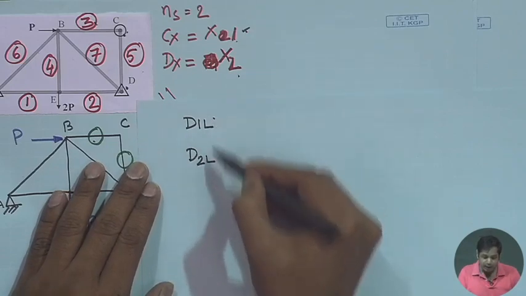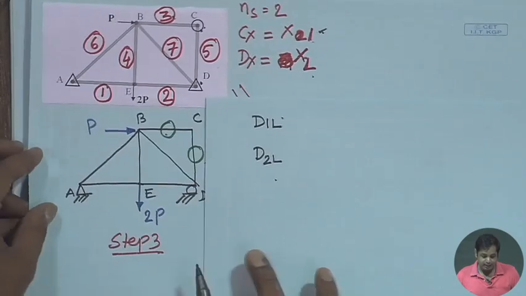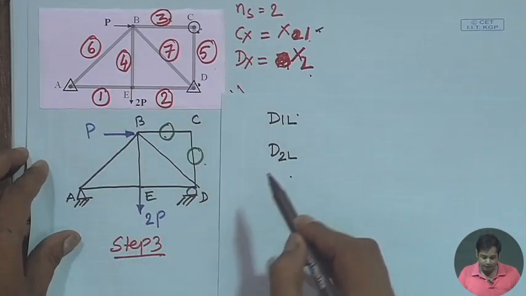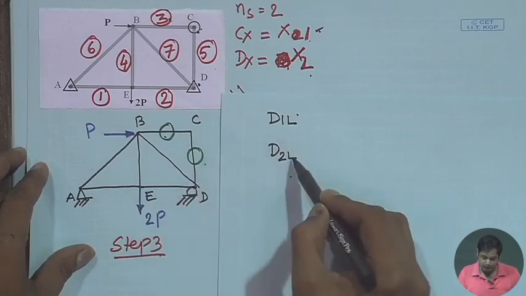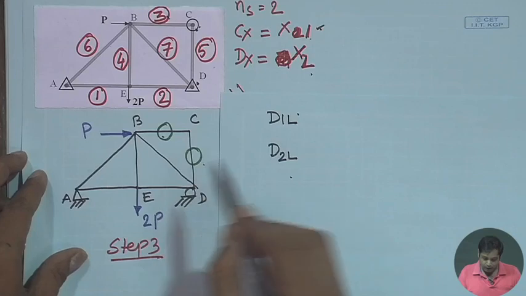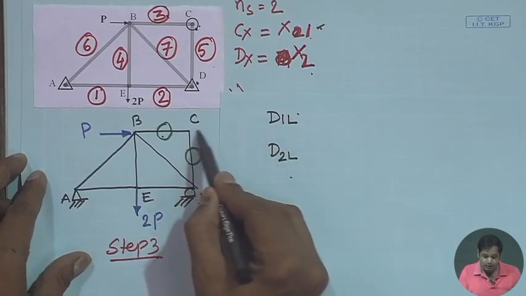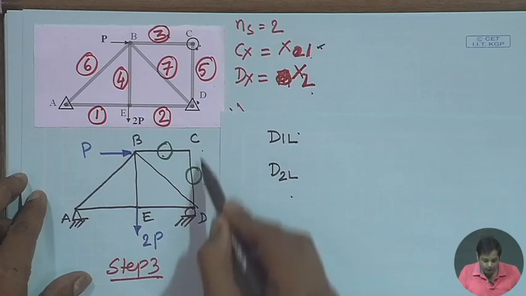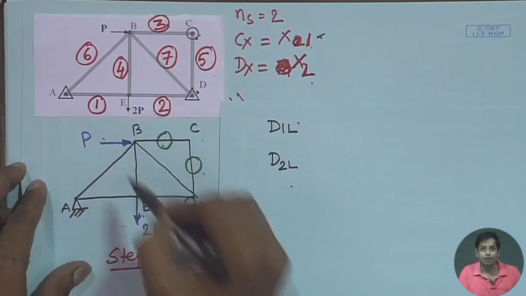So, D1L and D2L are essentially obtained from this structure. D1L is the horizontal displacement at C and D2L is the horizontal displacement at D due to the externally applied load.